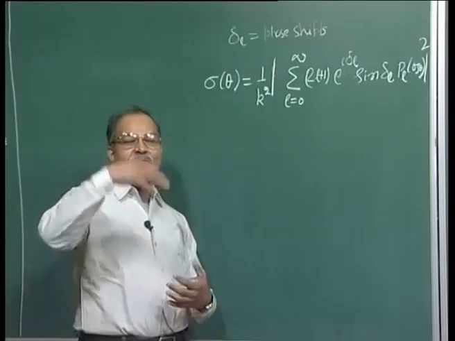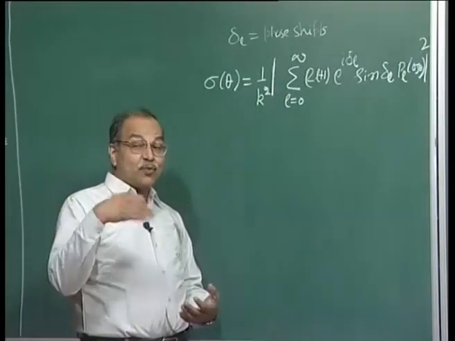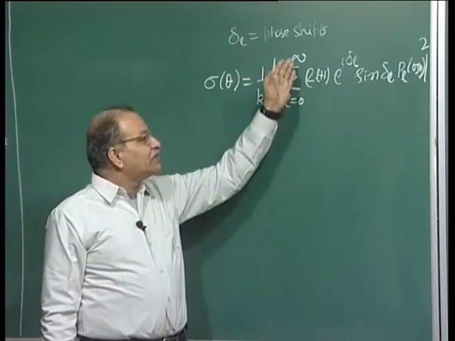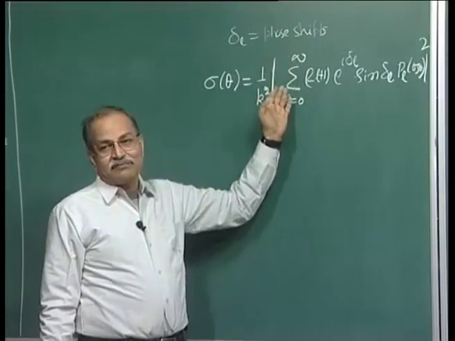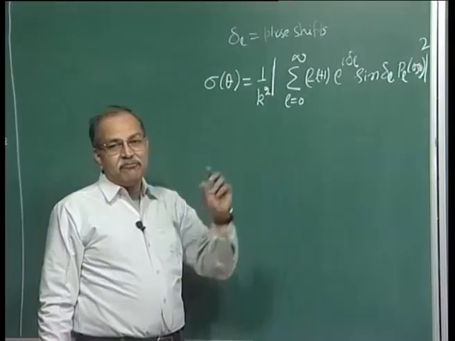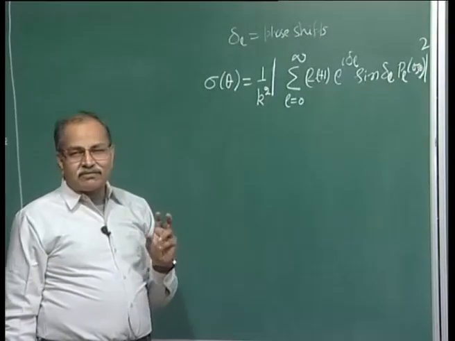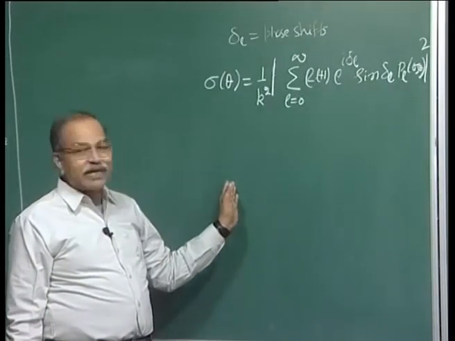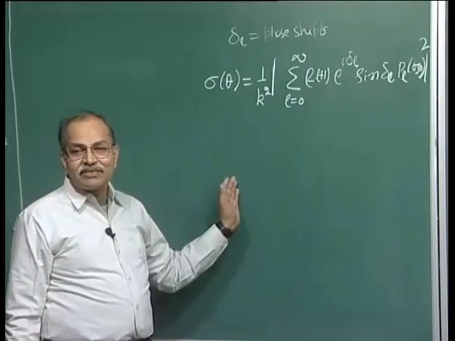If you have somewhat higher energy, maybe L equal to 1 will start contributing significantly. So it is not that you really have to add a large number of terms here, and we can make a small semi-classical calculation to look at that energy-angular momentum relation.